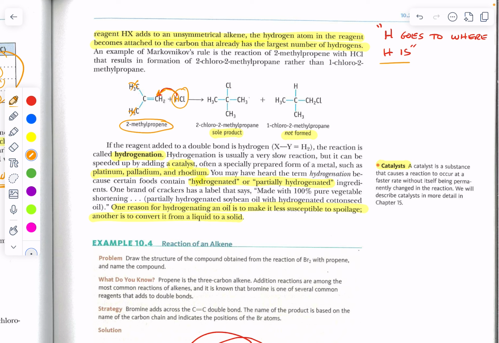So in this case, this is not the best example to show Markovnikov's rule, because the only place the hydrogen can go is to the only carbon that already has some other hydrogens. So what you're going to get then is the chlorine is also going to become attached to that carbon. There's the chlorine right there.